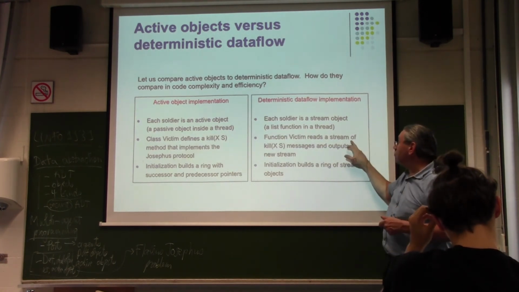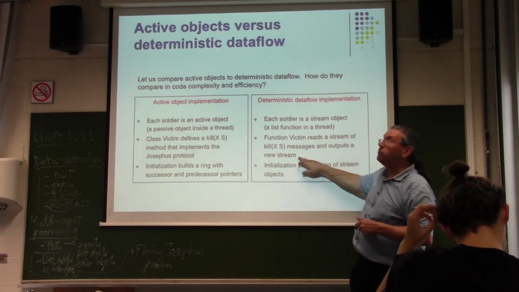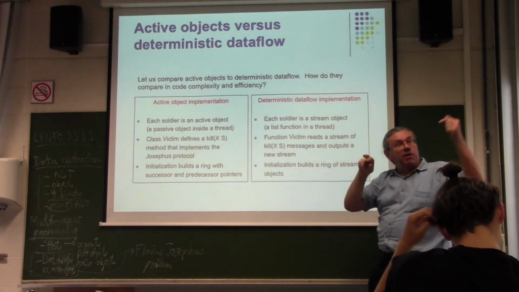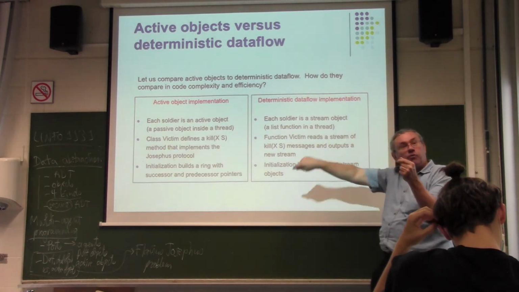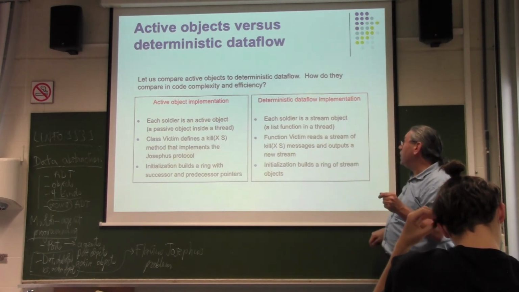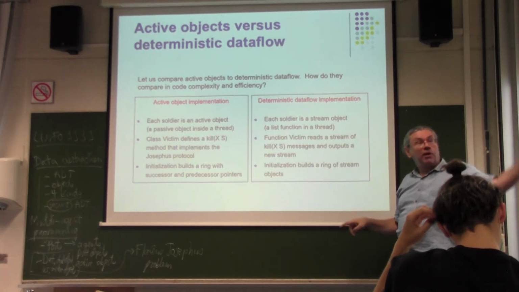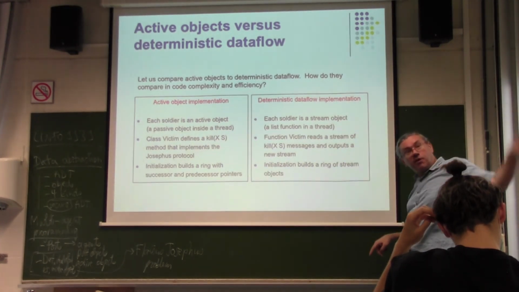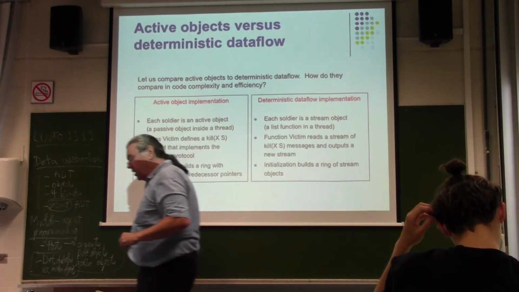It reads a stream of kill messages and it outputs a new stream. Depending on which soldier it is, it outputs other kill messages. And you have to build a ring of these, connected in a ring, and then the kill message will circulate in both cases.